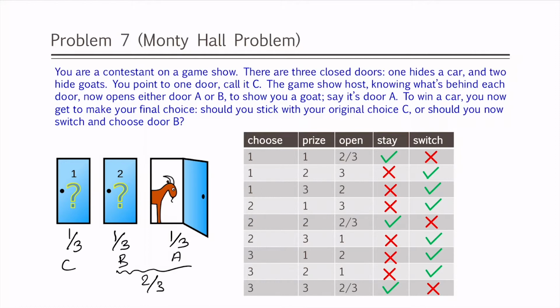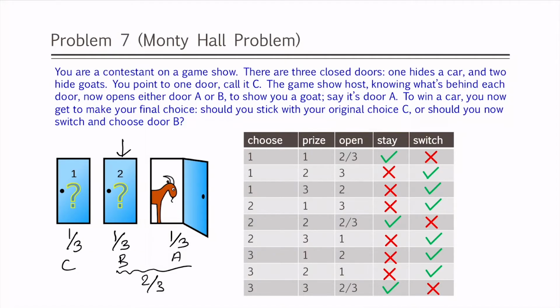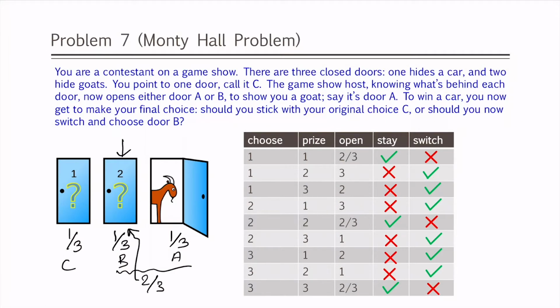Now, Monty opens door A, and A for sure does not have a car. The probability that B has the car was 2 by 3 initially, but the fact that Monty knows which door has a goat and opens only that door changes the probability. Now, I will explain here.